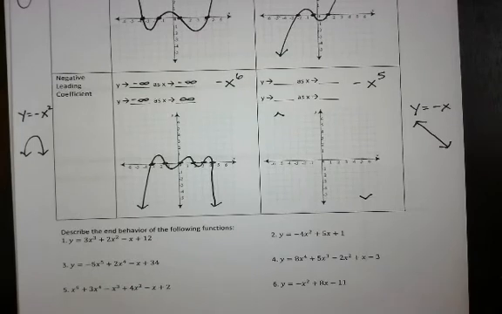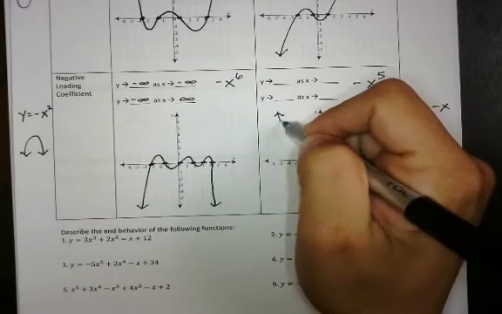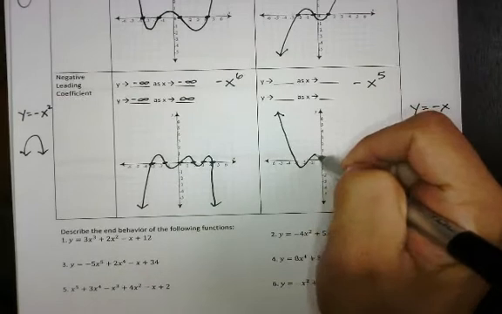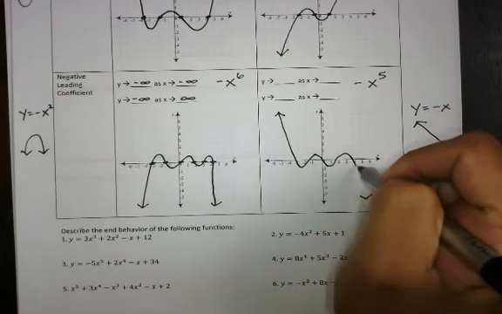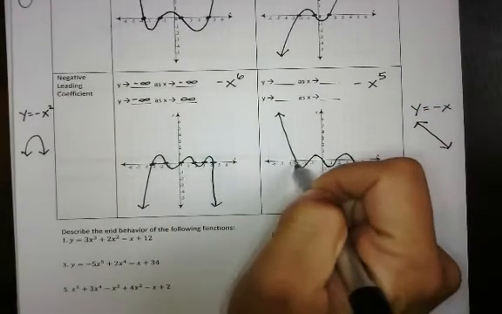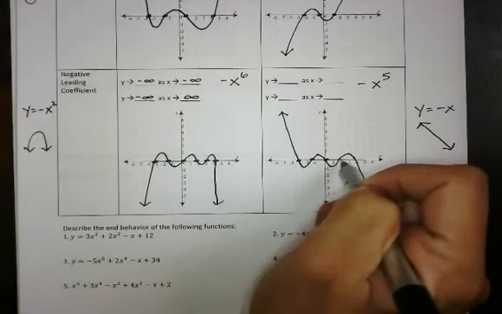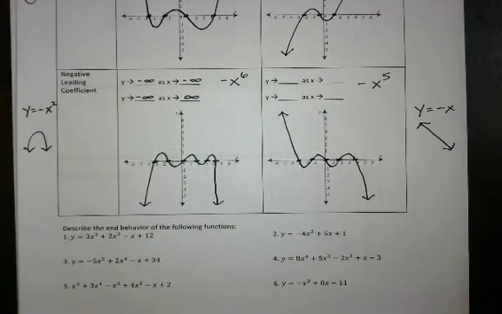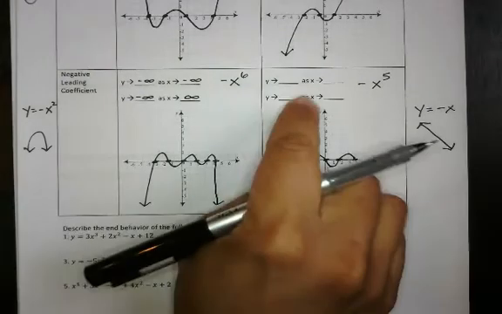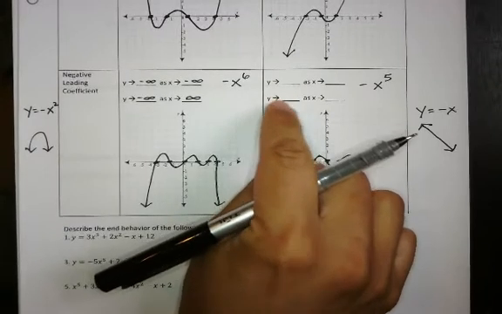Our graph is going to start here and end there. We're essentially looking at a graph where it is decreasing. So we have 1, 2, 3, 4, 5. So our graph is decreasing.